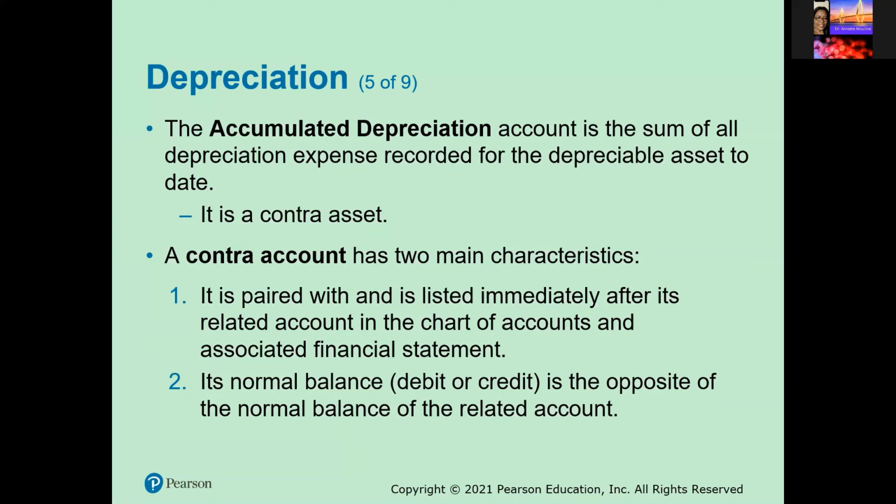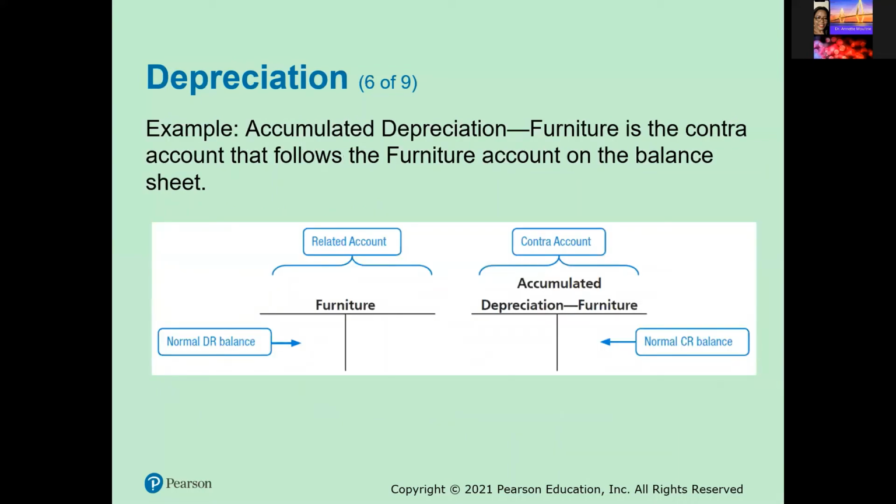Now, a contra account has two main characteristics. One, it is paired with and is listed immediately after its related account in the chart of accounts and associated financial statement. Two, its normal balance, debit or credit, is the opposite of the normal balance of the related account. Accumulated depreciation furniture is the contra account that follows the furniture account on the balance sheet.